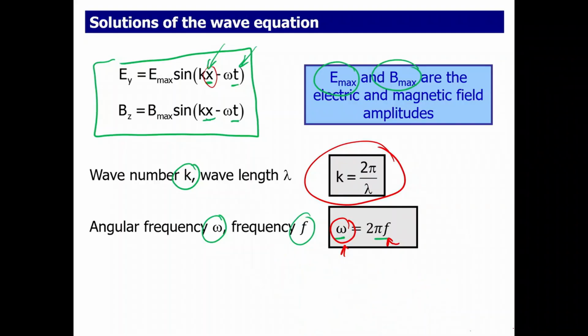Now notice that both the electric field and the magnetic field are going to have the exact same values for the wave number and for the angular frequency. And that is because they are intrinsically linked together. They cannot oscillate at different rates.